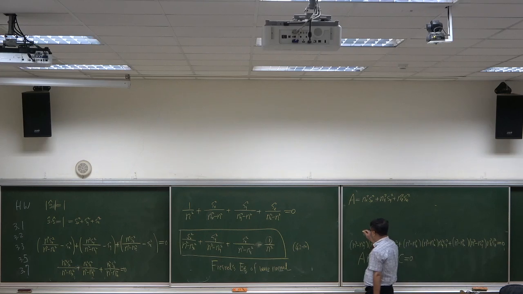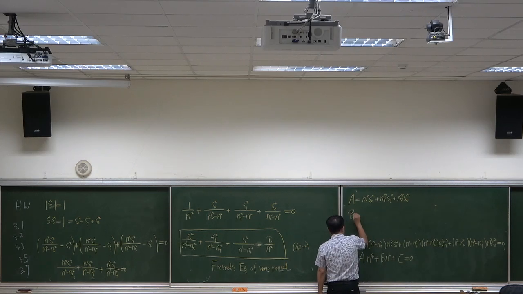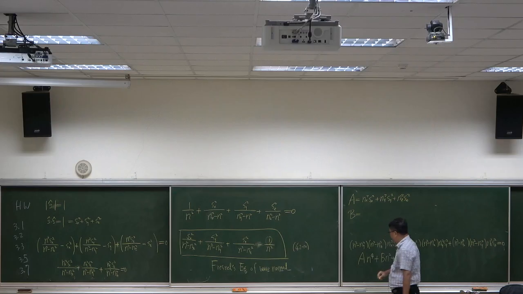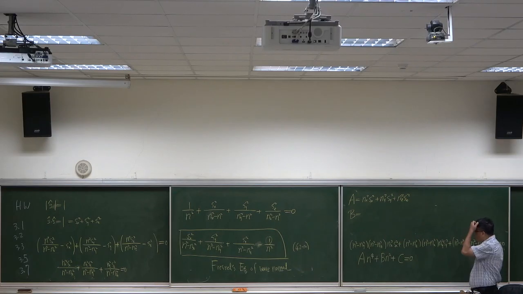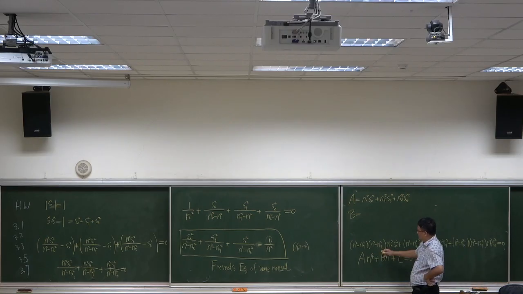And what is coefficient B? Coefficient B is the coefficient of n squared.